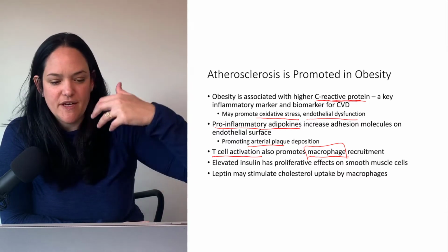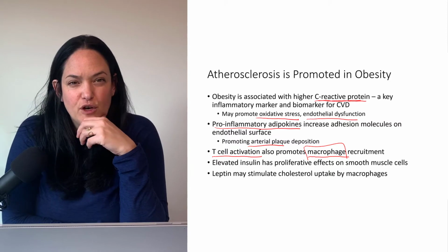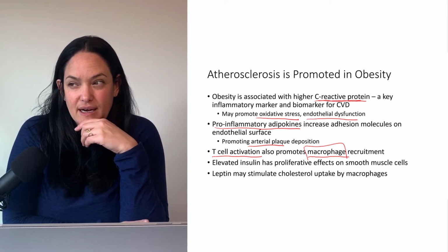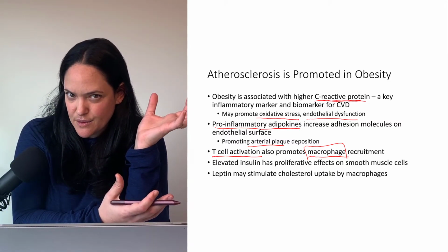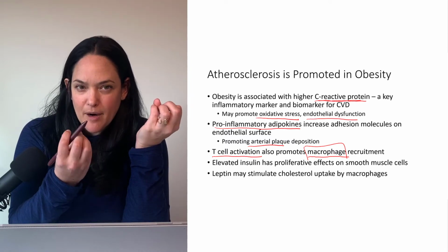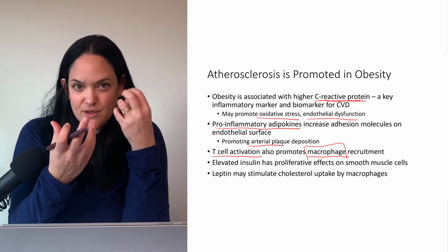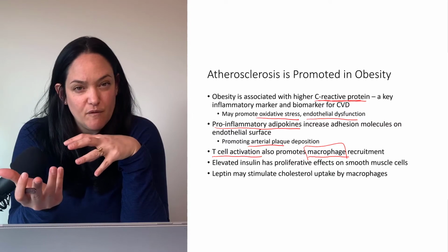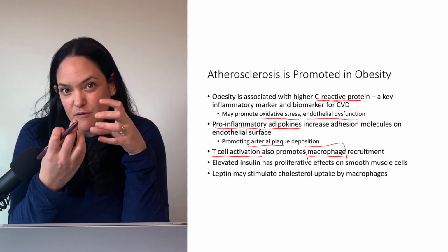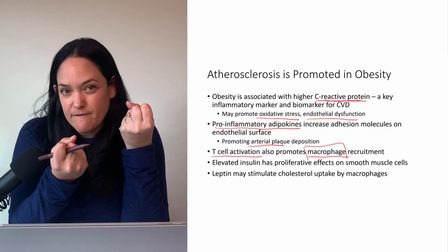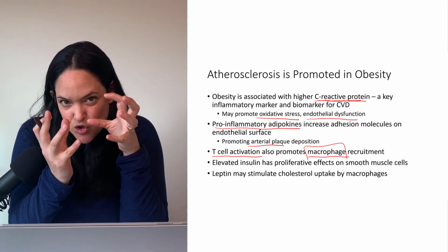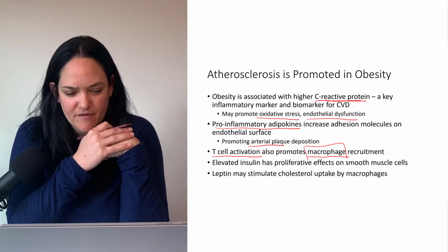T cell activation might promote the macrophage recruitment that is part of that atherosclerosis progression. Remember, as macrophages consume LDL, they can become foam cells, and that buildup of foam cells contributes to the fatty streak that is associated with the narrowing of that artery.